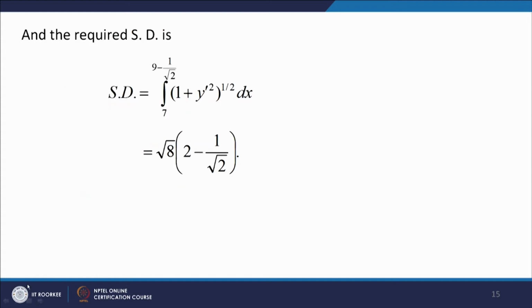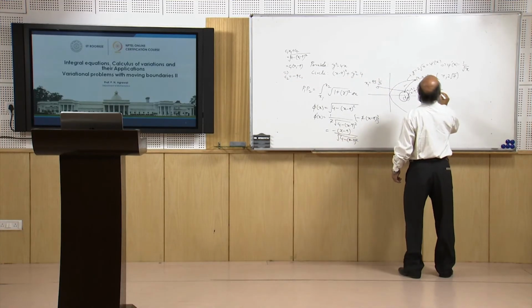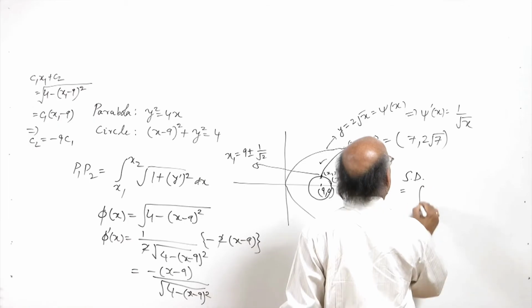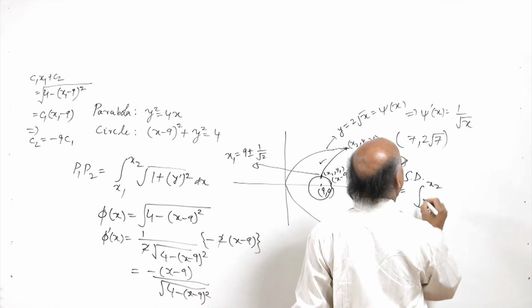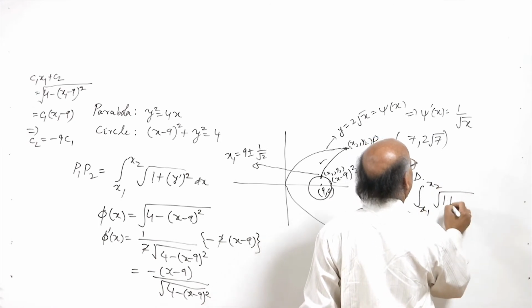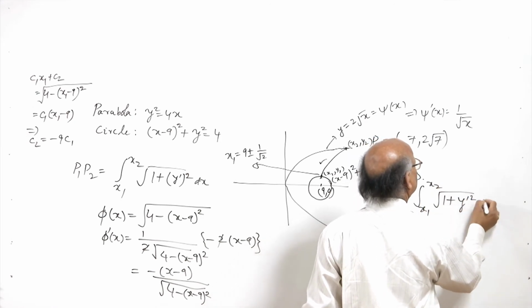So here we get SD as the integral from 7 to 9 minus 1/√2 of √(1 + y'²), which is √(1 + c1²) to the power half, and this shortest distance is equal to the integral from x1 to x2 of √(1 + y'²) dx.